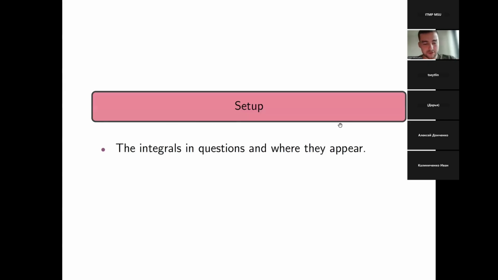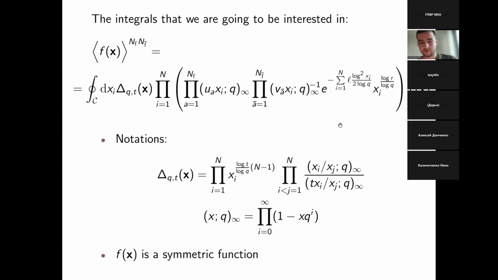So in the setup, I want to basically explain what kind of integrals we're considering and where they appear. The integrals that we are talking about look pretty massive, so let me first explain the ingredients of the formula that is written on top of the slide.